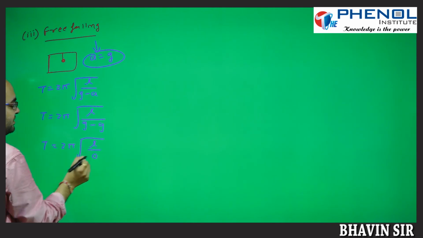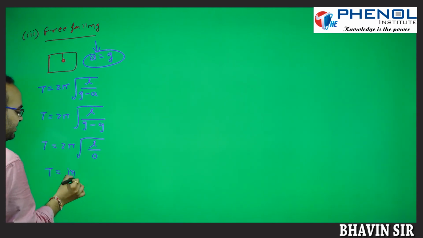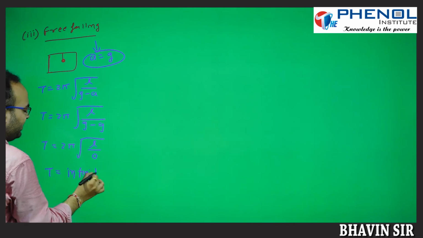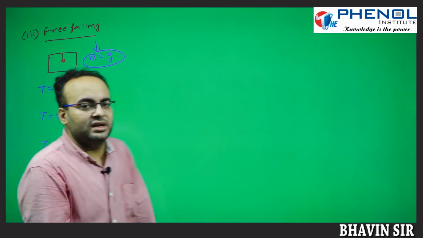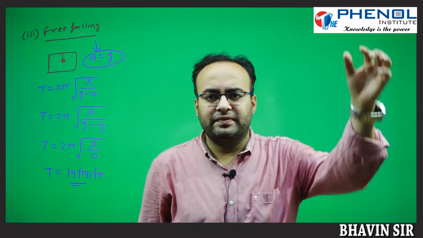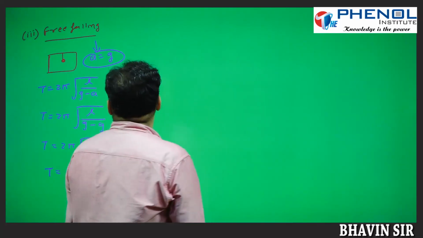So g minus g is 0. So what is the time period, students? Infinite. It means oscillation stops. Time period becomes infinite for free falling of the lift.